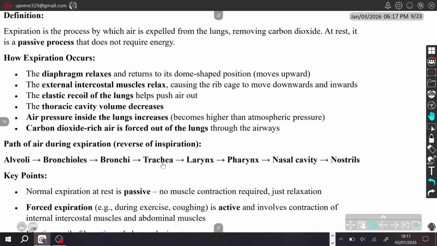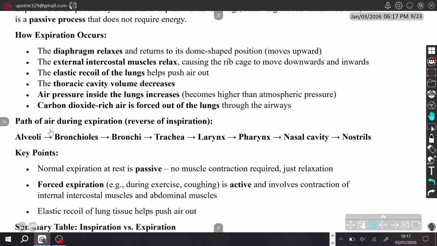Now let's talk about the path of air during expiration. It is the reverse of inspiration. So air moves from the alveoli to the bronchioles, to the bronchi, to the trachea, larynx, pharynx, nasal cavity, then nostrils, then outside.